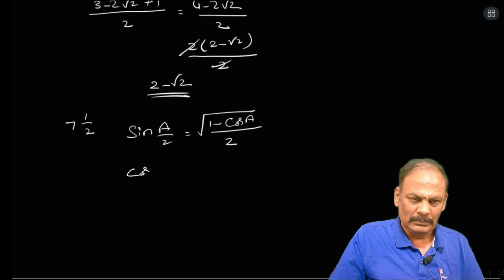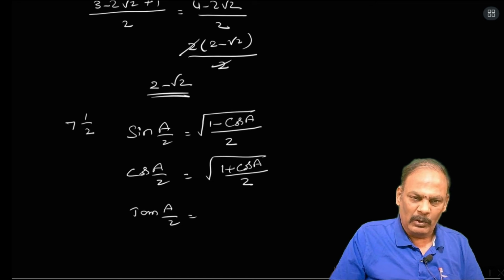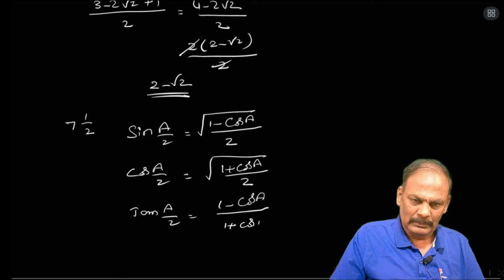Cos A by 2, this is the formula, root of 1 plus cos A whole by 2. Tan A by 2 is sin A by 2 by cos A by 2, that is 1 minus cos A by 1 plus cos A whole root.